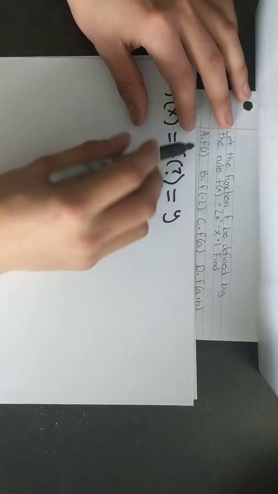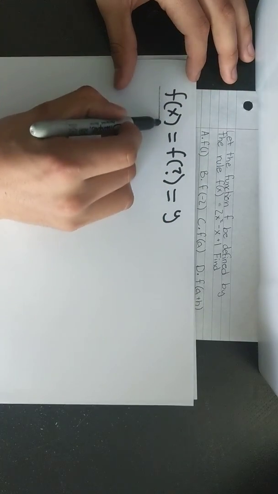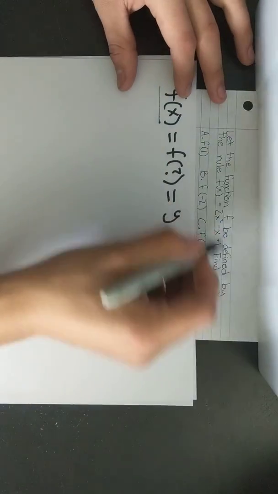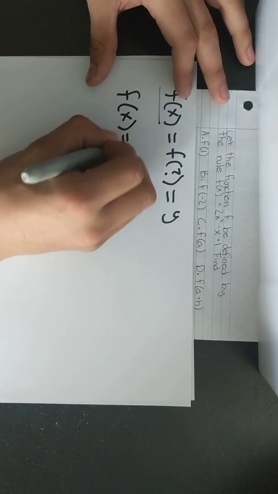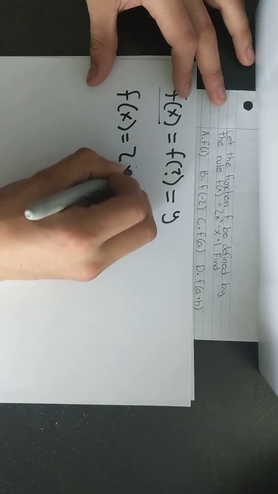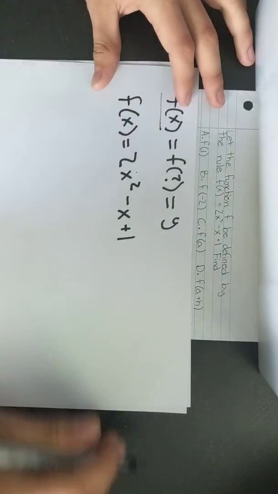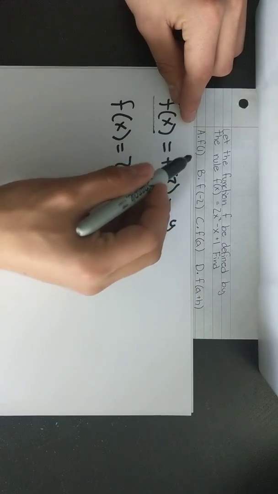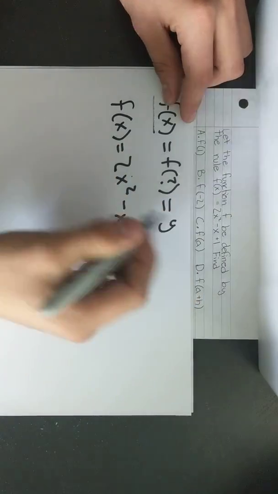So for a, f of 1. We see right here our x is inside the parentheses, so it gives us this function. Let's write down this function: f of x equals 2 times x squared minus x plus 1. We just plug in our 1 for x, and since all x's are the same, you plug in 1 for every single x.